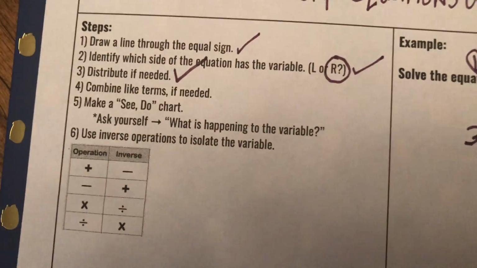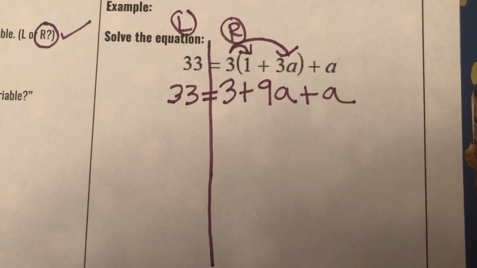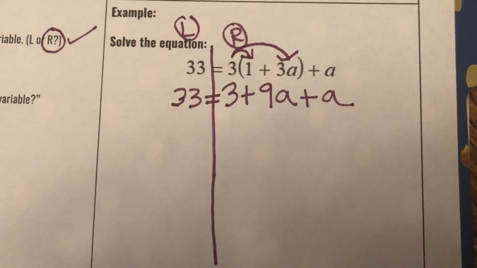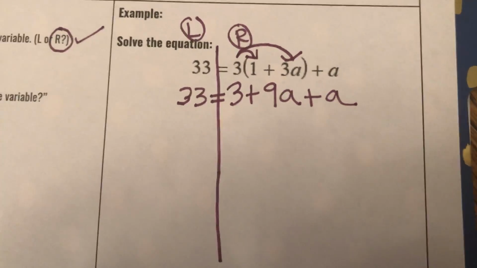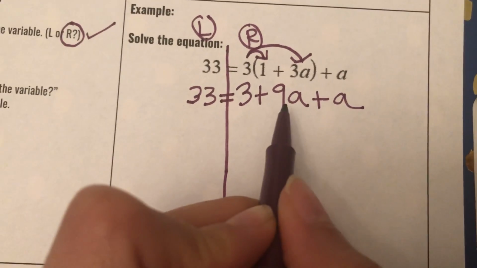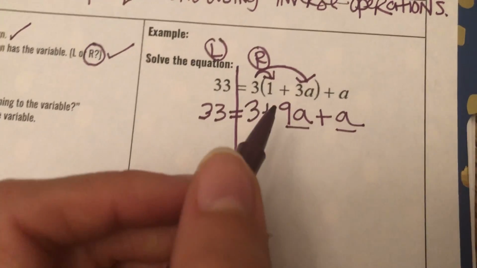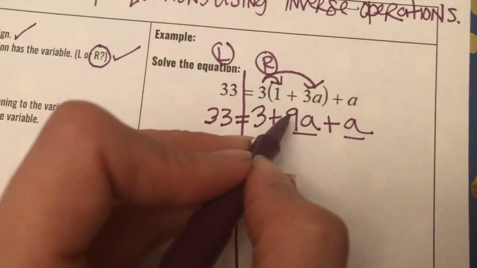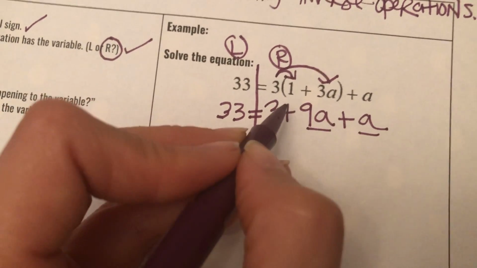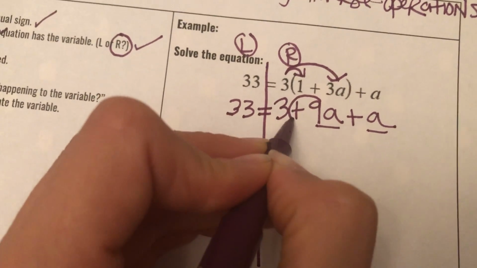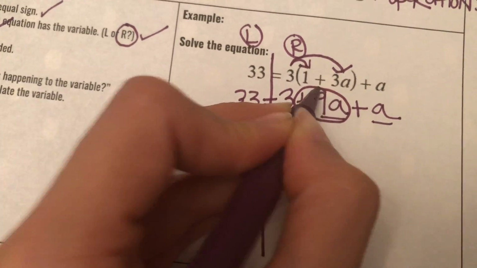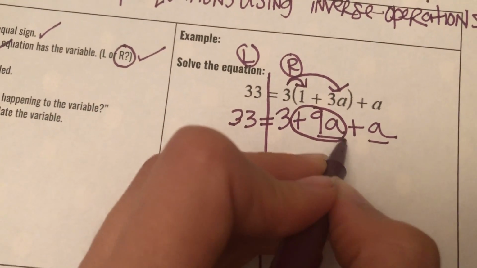Now step 4 says to combine like terms if needed. And when I look at the right side, I know that there are 2 places where I see an a, which means I need to combine like terms. So I'm going to circle both 9a and a because these are like. So I'm going to include the addition sign because the sign matters.